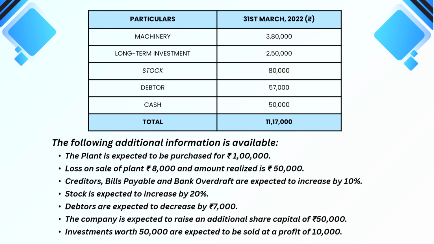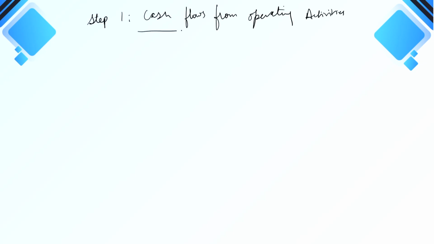To start with, first I will take up step 1, in which we are going to find out cash flow from operating activities. We are just applying the indirect method of computing the information.